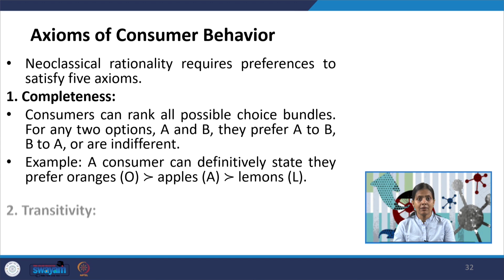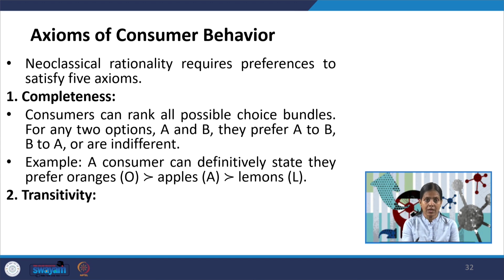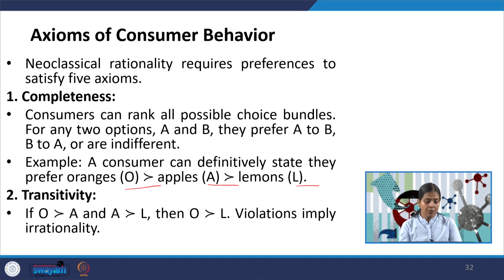Then we have transitivity. An example of completeness is that a consumer can definitely state they prefer oranges over apples over lemons. So, now I have considered 3 commodities. In transitivity, what we say is that if oranges are preferred to apples and apples are preferred to lemons, then oranges should be preferred to lemons.